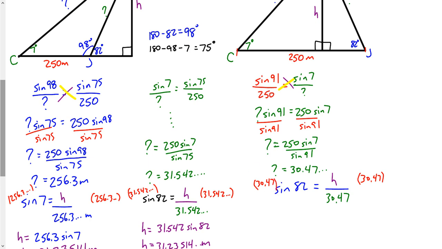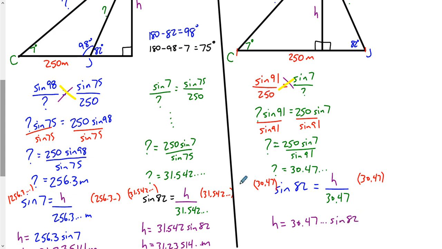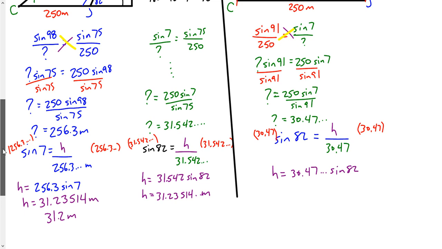I'm just going to add an extra division on this just to make it completely obvious. The height here will be 30.47, obviously keeping all my decimal values in my calculator, multiplied by the sine of 82. The height that I get to the nearest tenth, as the question says, is 30.2 meters.